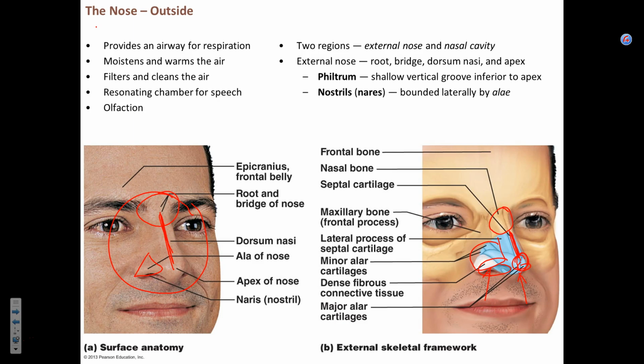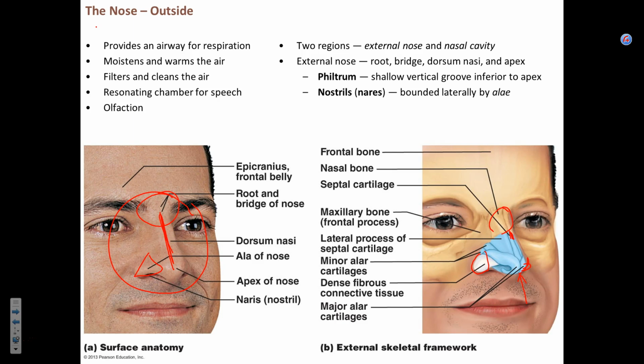Okay, there are cartilaginous structures, but the point where the ala merges with the face, that's just the connective tissue right here. Okay, that makes sense. That's pretty straightforward.